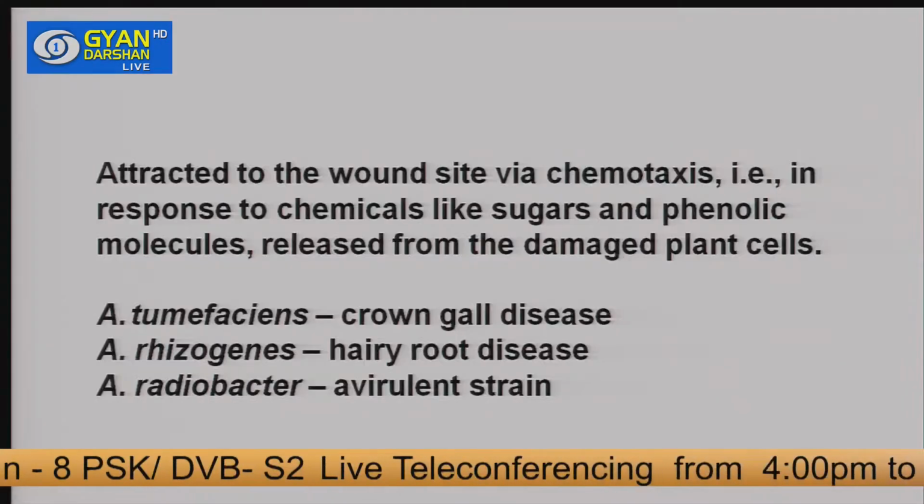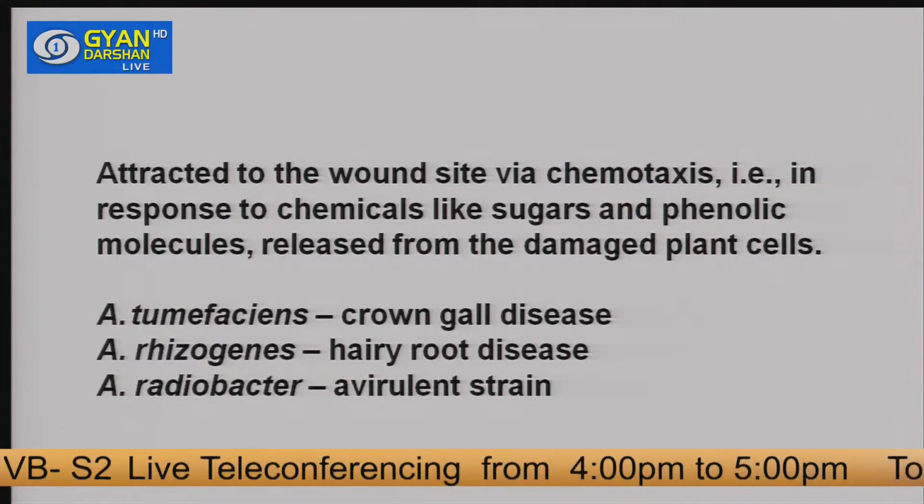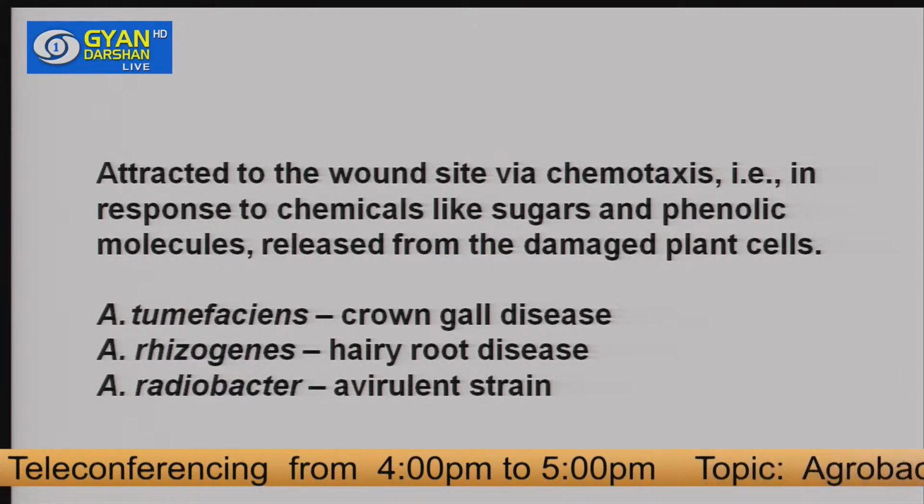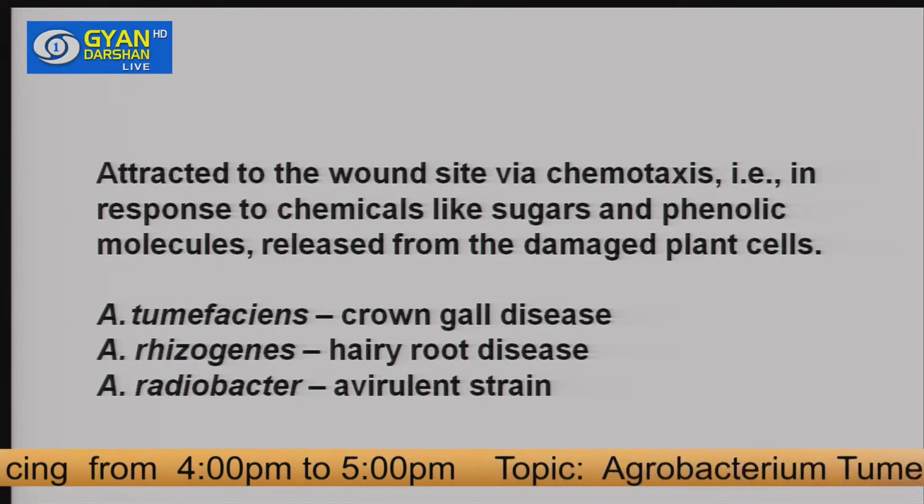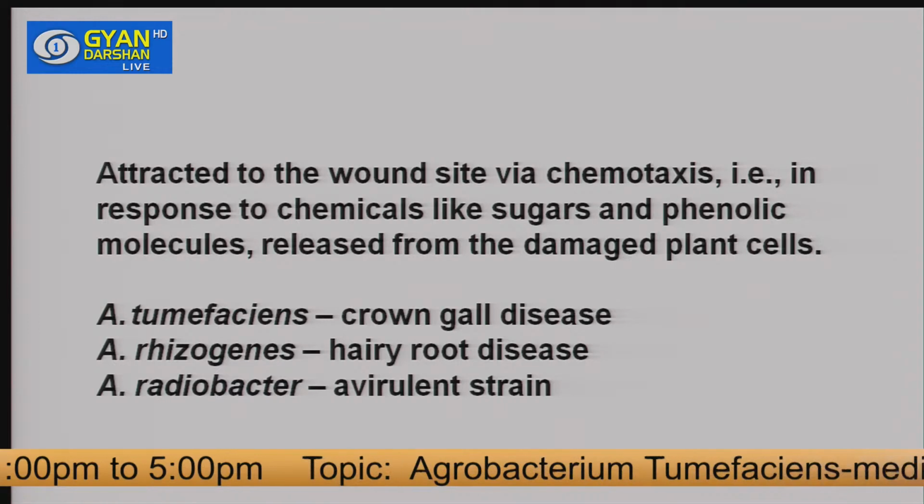Then you have to understand that there is some sort of movement from the soil particle to the top of the tree, and that movement occurs due to chemotaxis. Why chemotaxis? Because from the wounded or damaged site, certain kinds of molecules are being secreted, like different kinds of sugars or certain phenolic molecules.